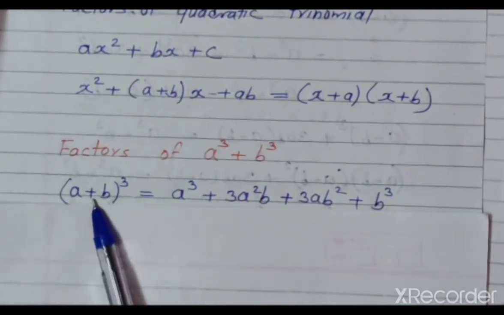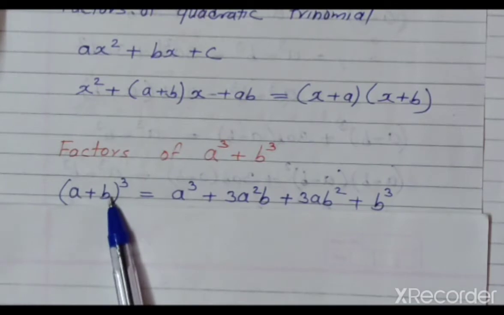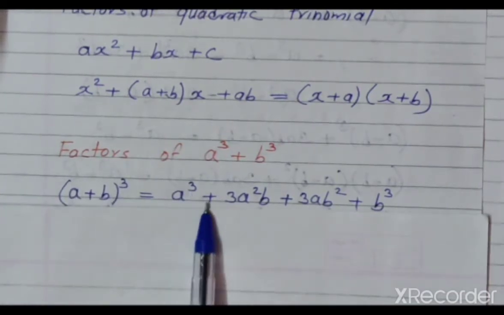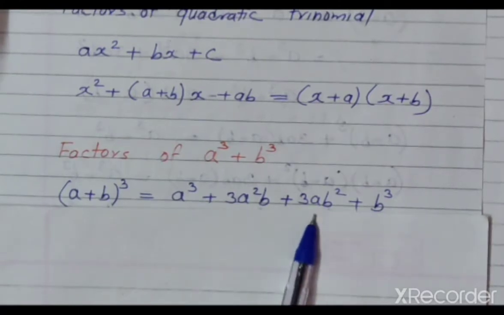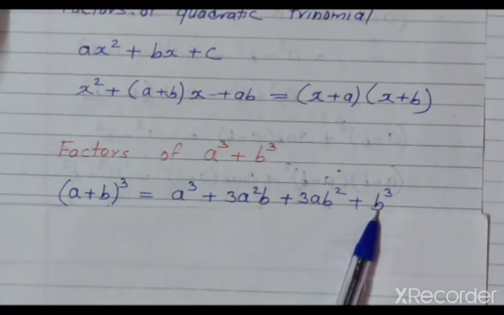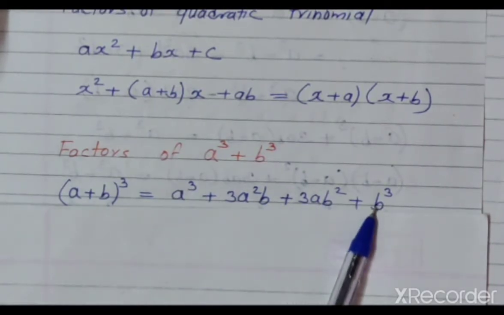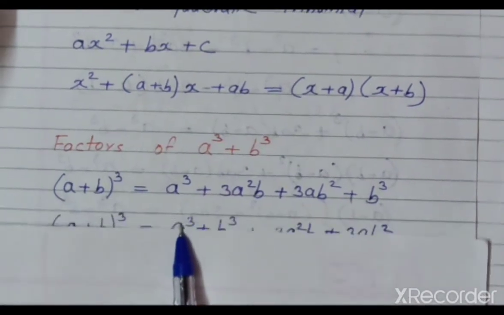We already know the expansion of (a + b)³ is equal to a³ + 3a²b + 3ab² + b³. Now here I am taking together the terms which are in cubic form. This is the next step.